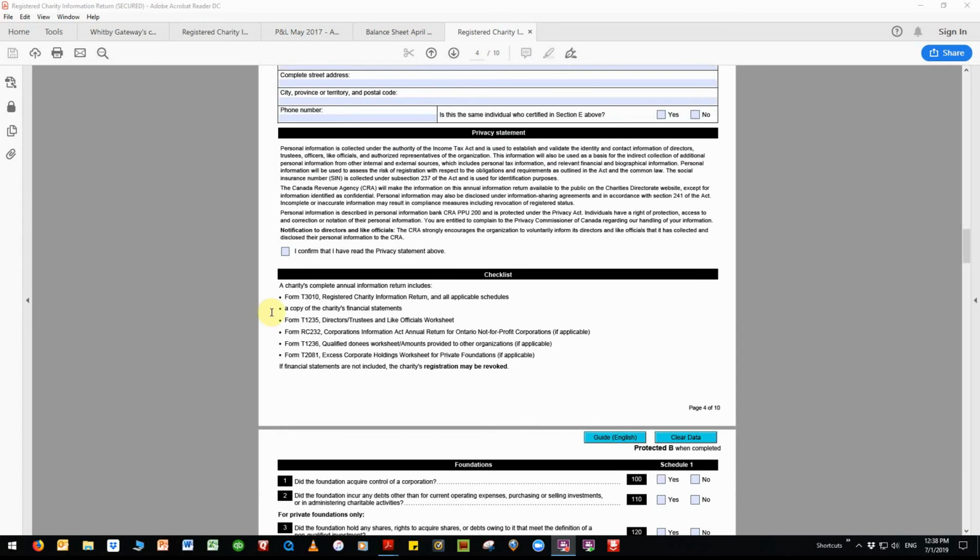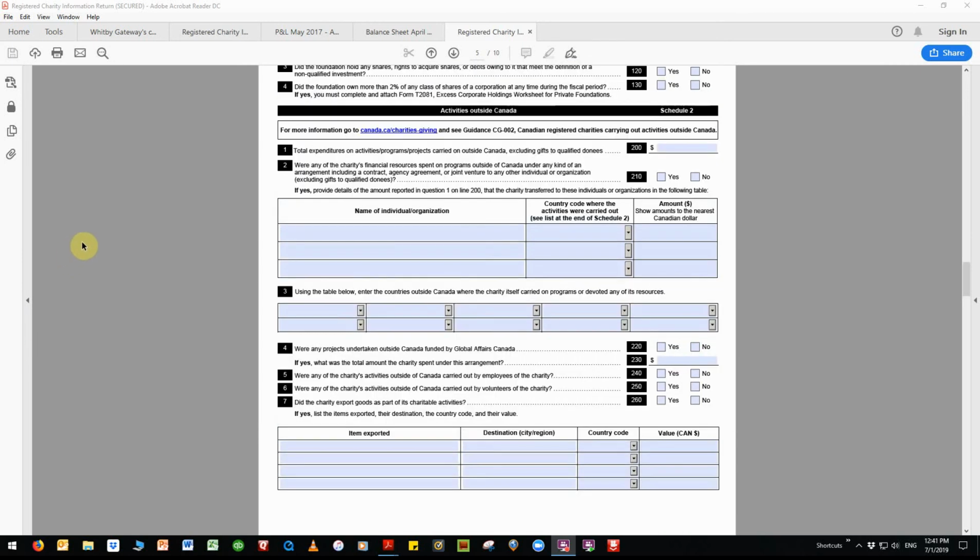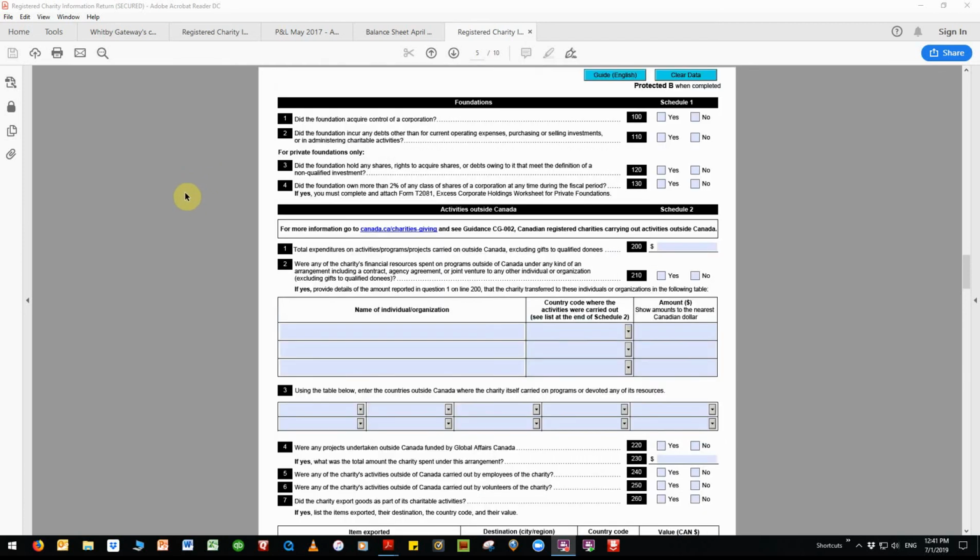And then down below here, it lists what a charity complete annual information return includes, and we went through this in the last recording. The last 6 pages will go very quickly, because most of it will not apply to most of our churches, and if it does apply to your church, again, please refer to the guide.